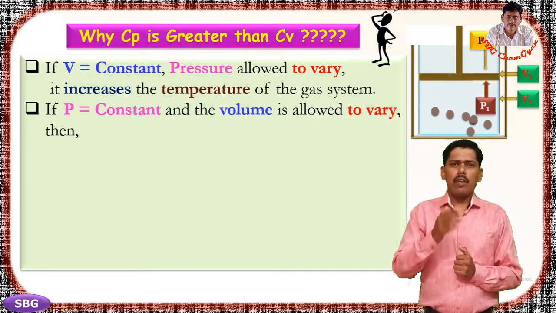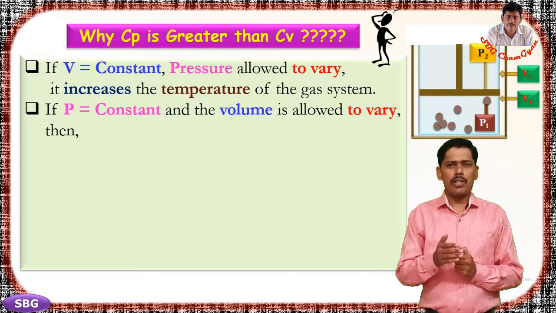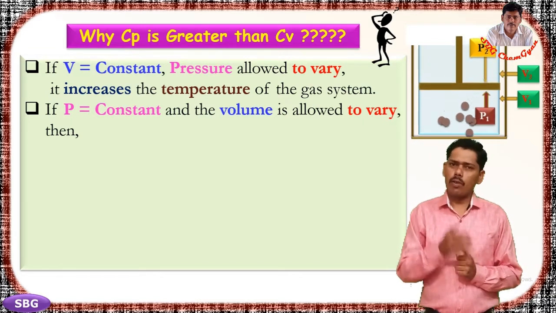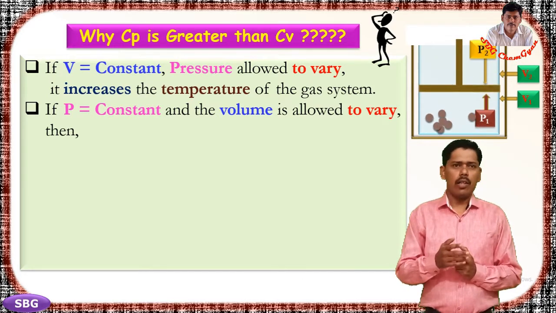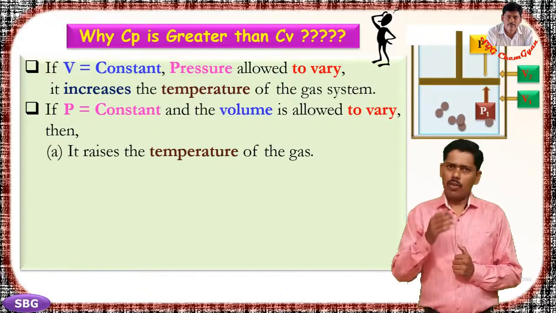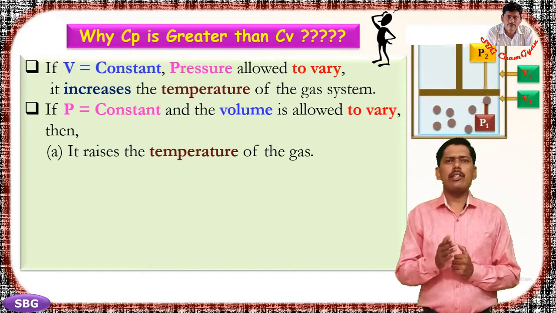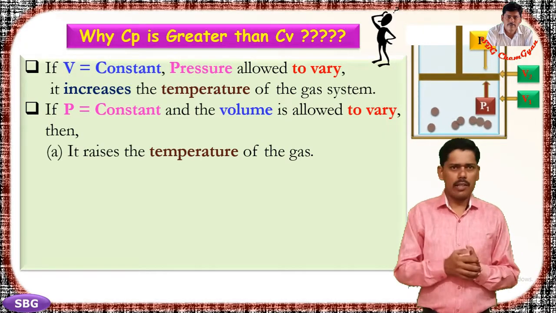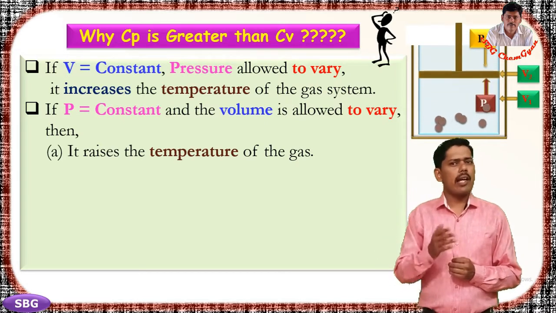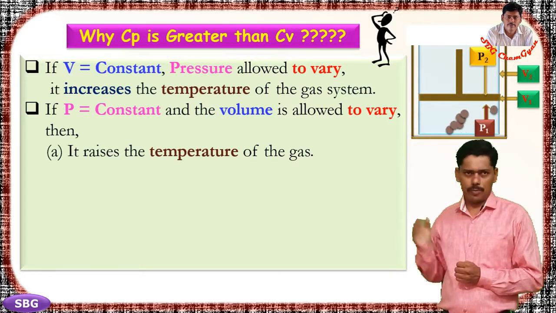In the second case, if instead of volume the pressure is kept constant and the volume is allowed to vary, then the heat supplied now does two things. First, it raises the temperature of the gas, and second, it does work in expanding the gas against external pressure.